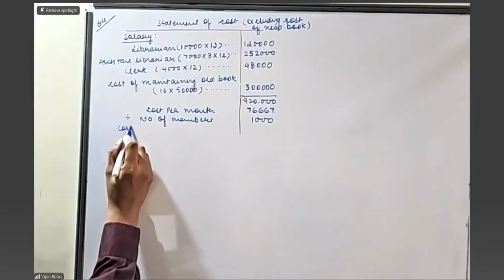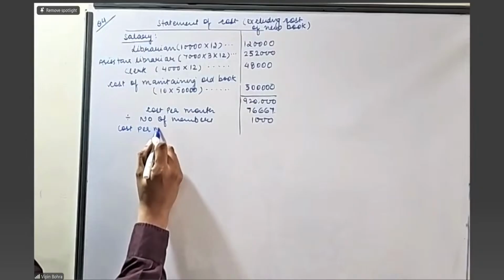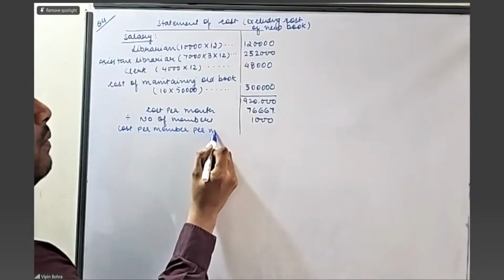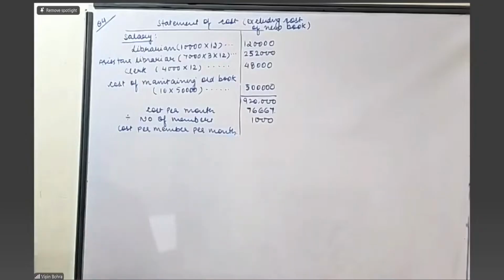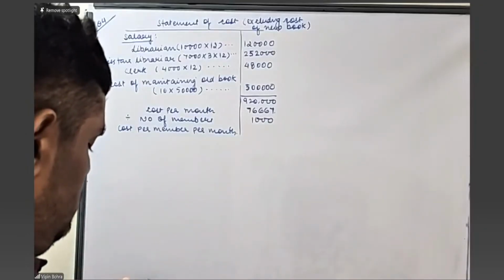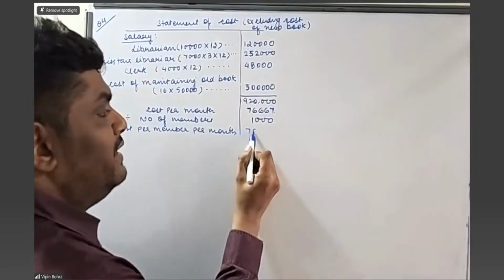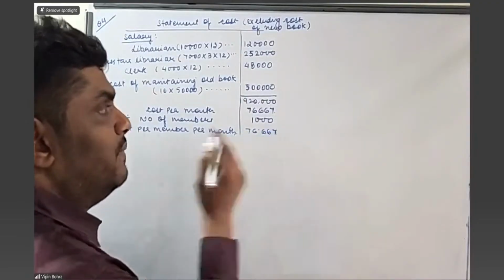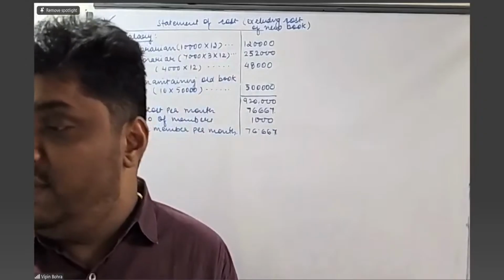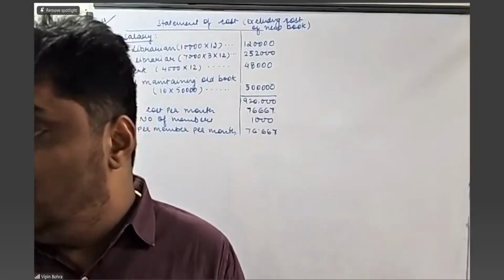So cost per member per month. So it will be 76.667. If you guys have any doubts till now, you guys can please post your queries.